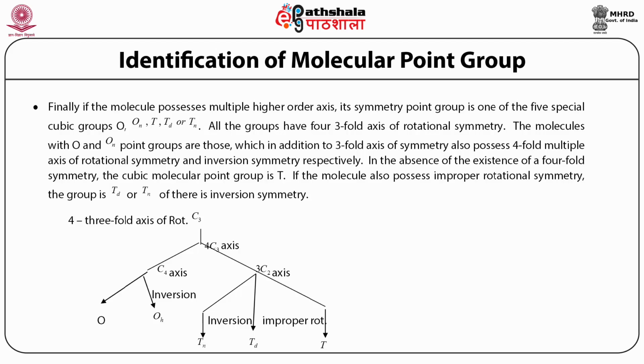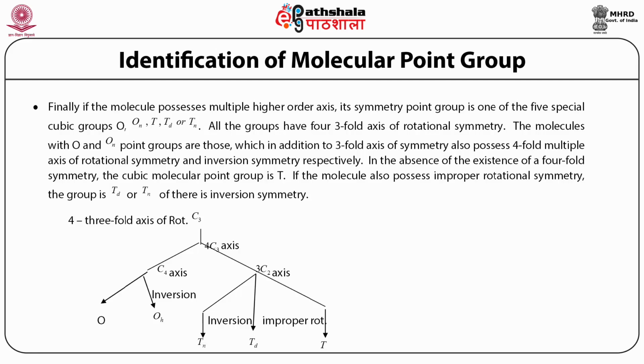So if the molecule possesses improper rotation symmetry but no fourfold symmetry, the group is Td, or Th if there is inversion symmetry. So to summarize then, if we find a molecule which has 4 threefold axes of rotation.